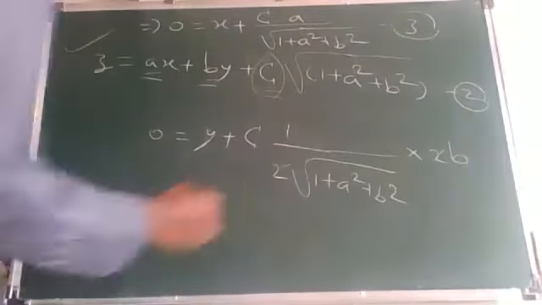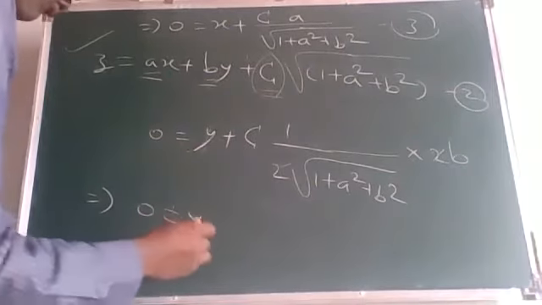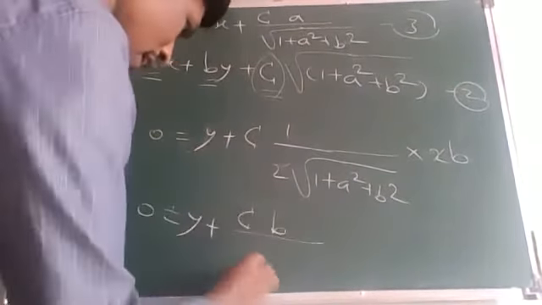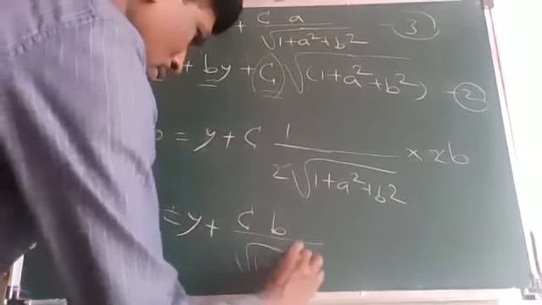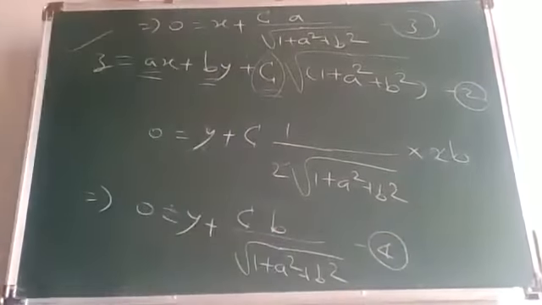This 2 gets cancelled, that is 0 is equal to y plus capital C into B divided by square root of 1 plus A square plus B square. Put the number as equation 4.